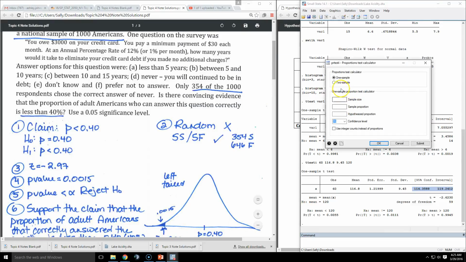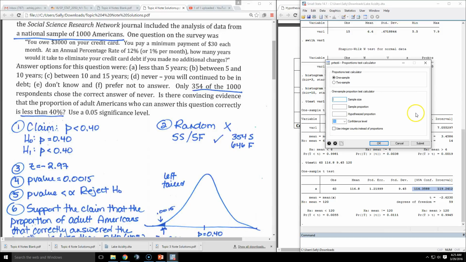So the test calculator has a sample size of 1,000, and so you have two choices here. If you check this box, instead of sample proportion, you can put in 354. So it's using this as a count instead of a sample proportion. If you don't check the box, you would put in 0.354.